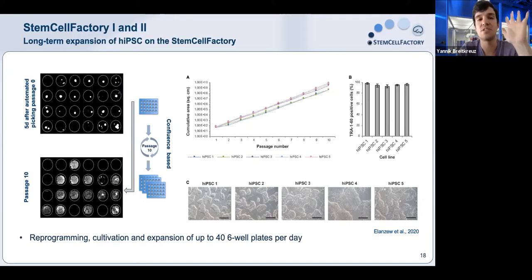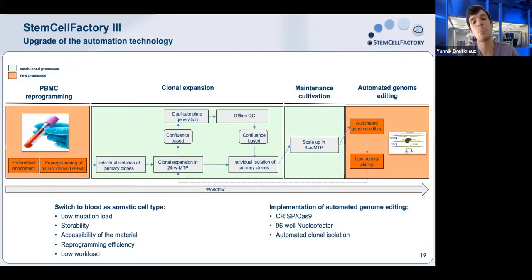And just for your interest, let's say a good technician can handle 8 to 10 reprogramming protocols in parallel. So next, Bastian will show the newest modules on the stem cell factory.